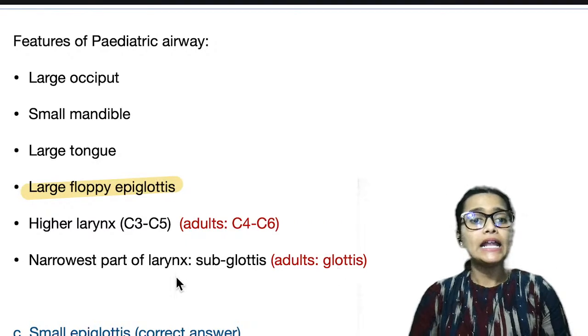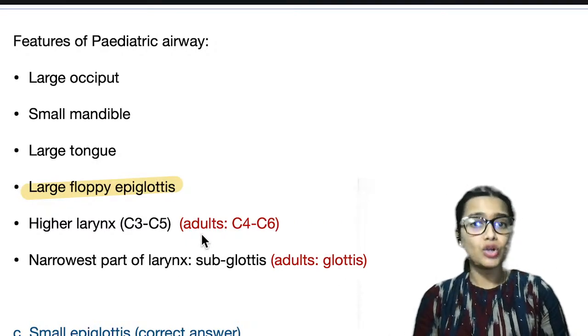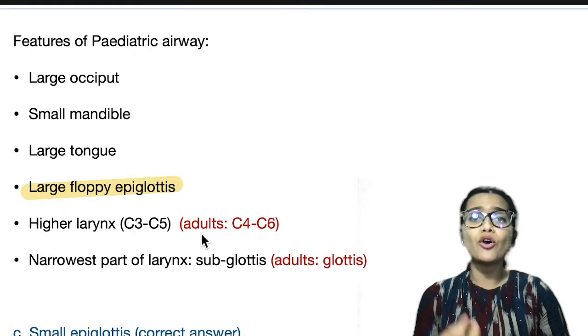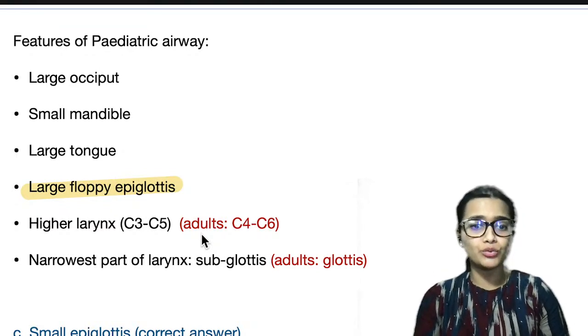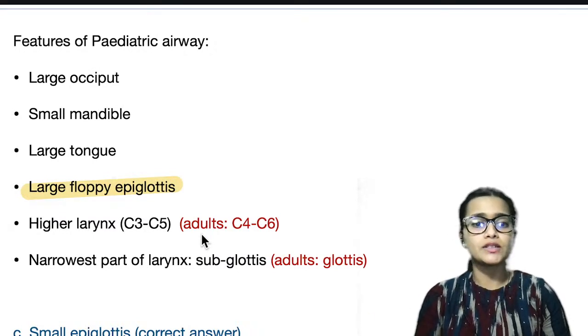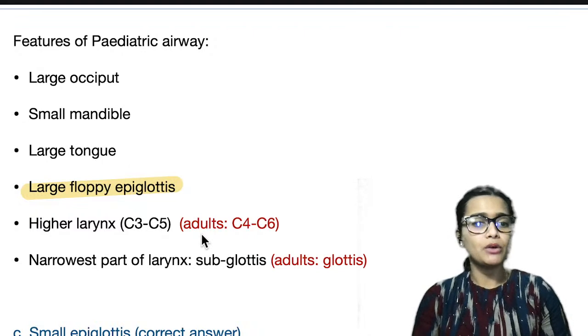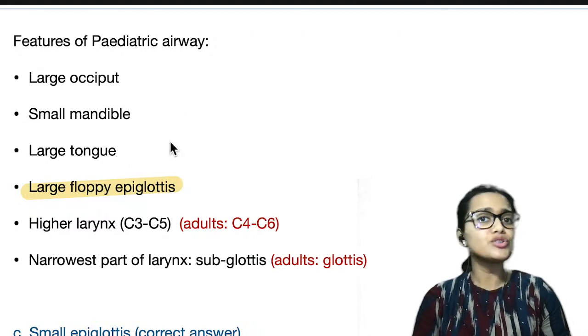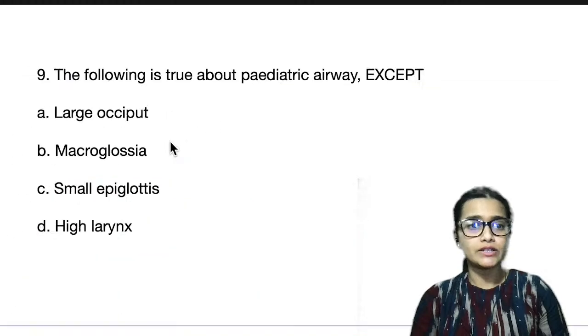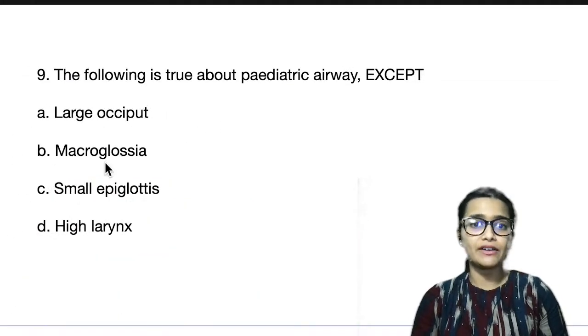If you can see the glottis, that is your vocal cords, and you feel that a size 3 or 4 tube can easily pass through, sometimes the tube might get obstructed beyond the vocal cords. So you always have to be mindful about it. The answer to the question was small epiglottis. The rest are all features of the pediatric airway: large occiput, macroglossia, and higher larynx.